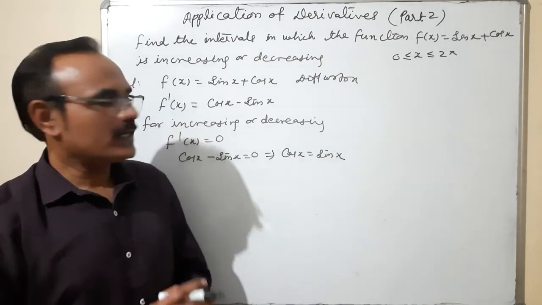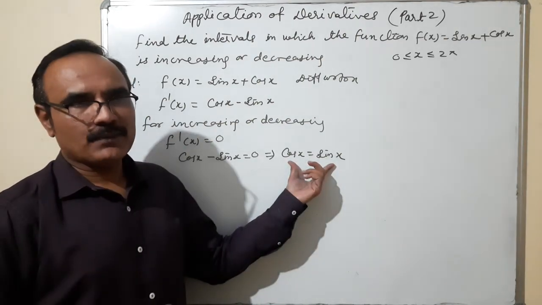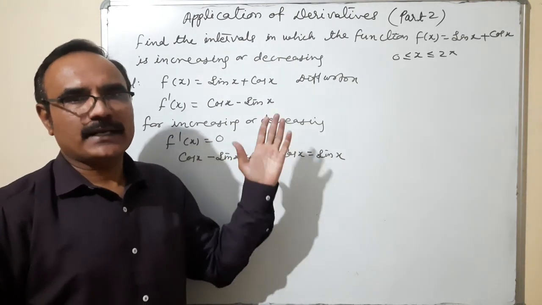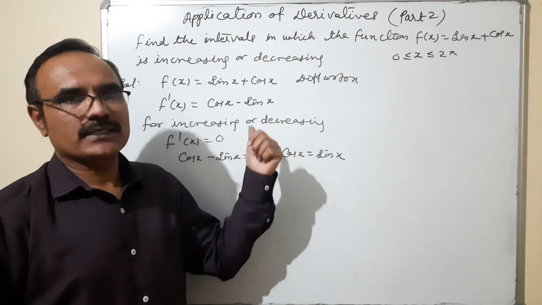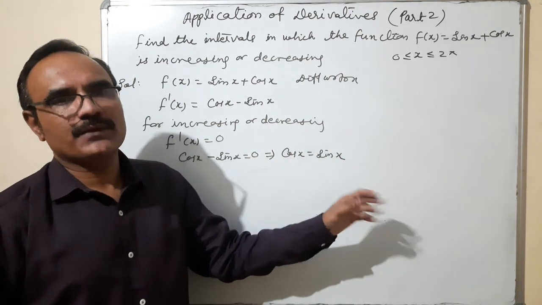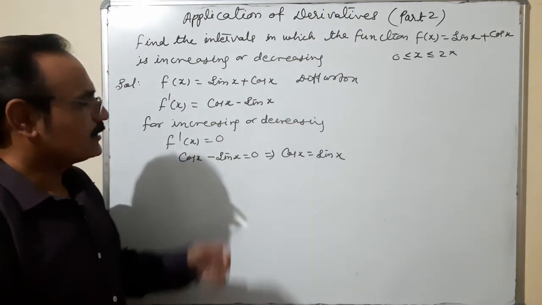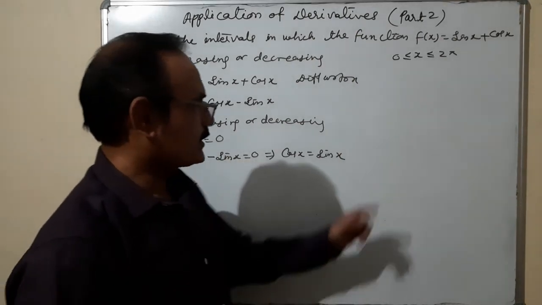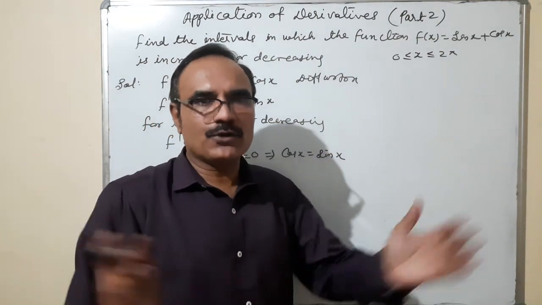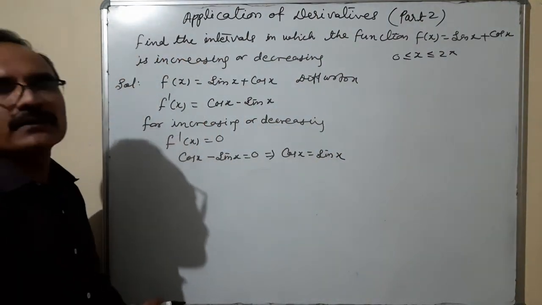Number one is the first quadrant where both are positive, and number two is the third quadrant where both are negative. In the second and fourth, they will not be equal, because in the second, one is positive, one is negative, and in the fourth cos is positive and sin is negative. So they are equal in 2 quadrants, because the interval is given 0 is less than or equal to x is less than or equal to 2 pi. So between 0 to 360 we are going to find the values.